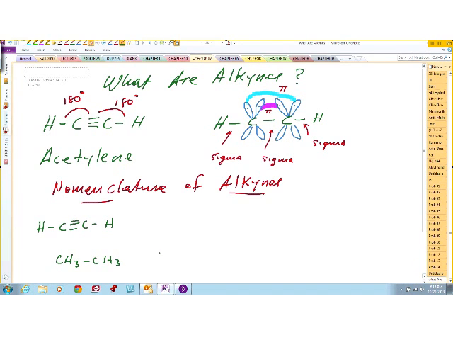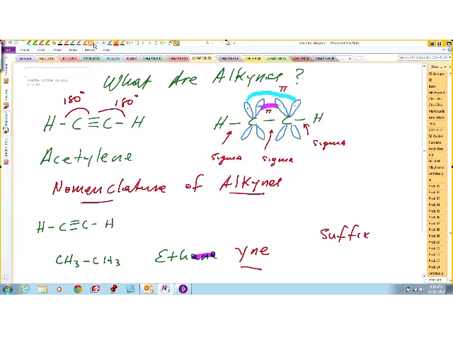And the name of the corresponding alkane, of course, will be ethane. So what do we do to name the alkyne? We remove the last A and E of the alkane name, and we replace with Y and E. So the Y and E is the suffix for alkyne. In other words, that is the ending for alkyne.